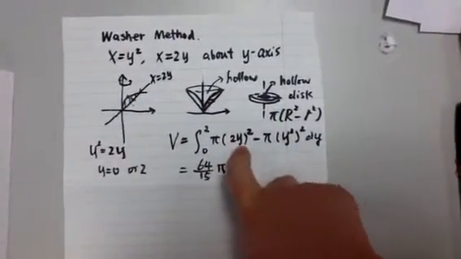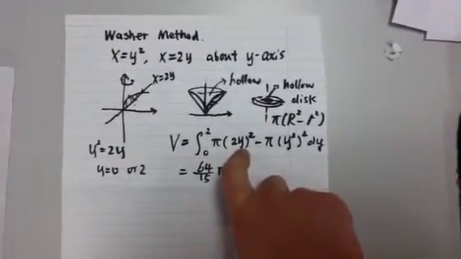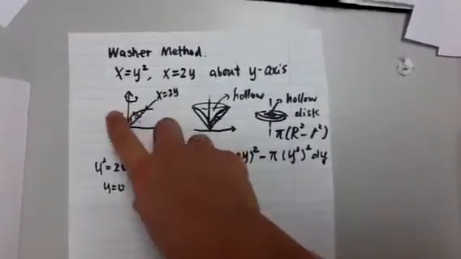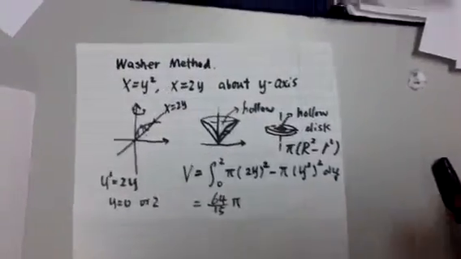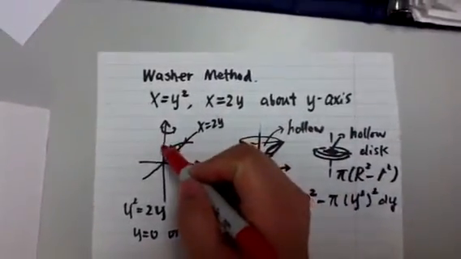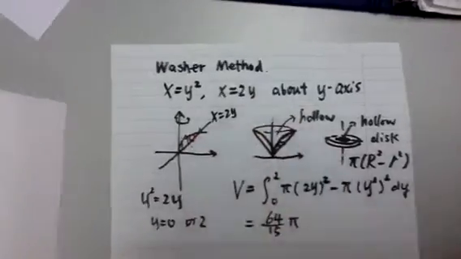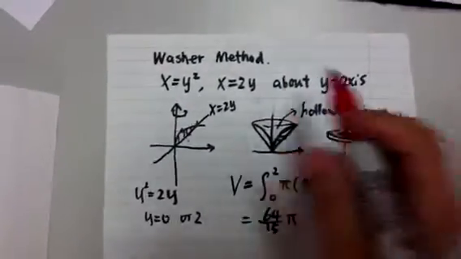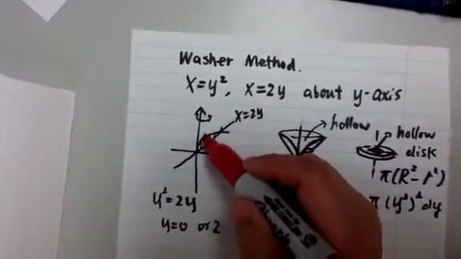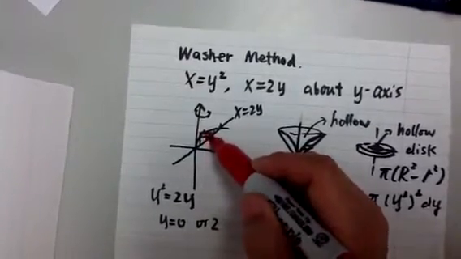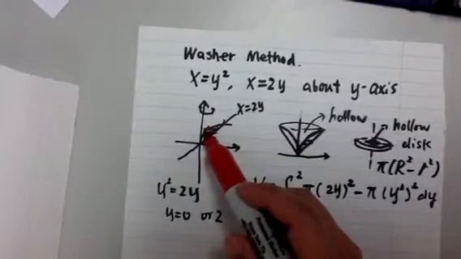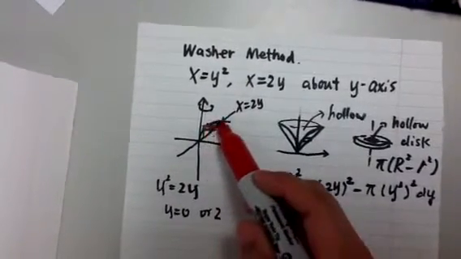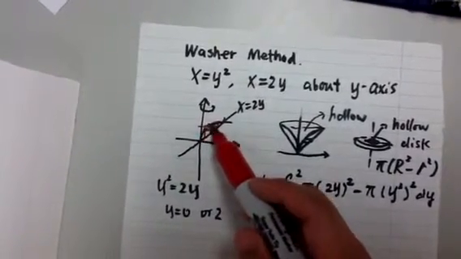Pi, the outside radius of the circle. So here if you put a rectangle here, this is a rectangle and this is the inside radius, this is the outside radius.